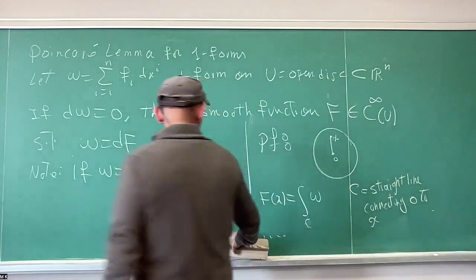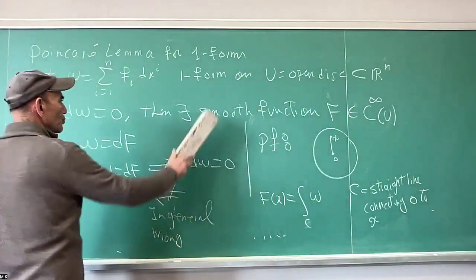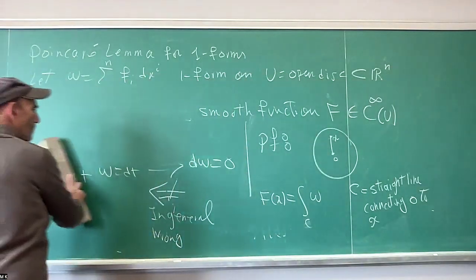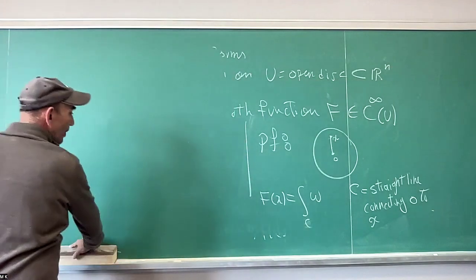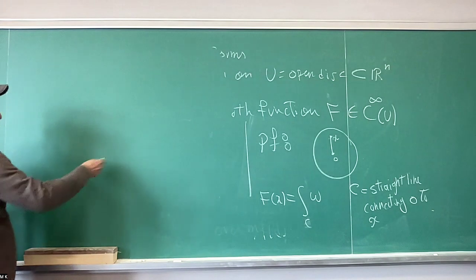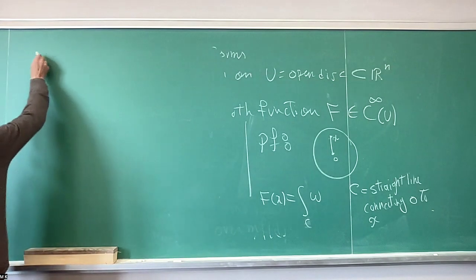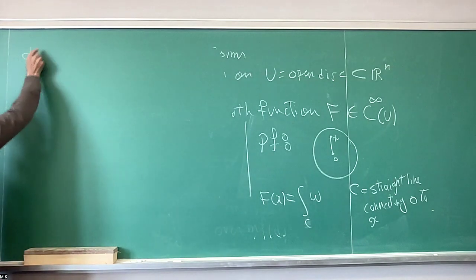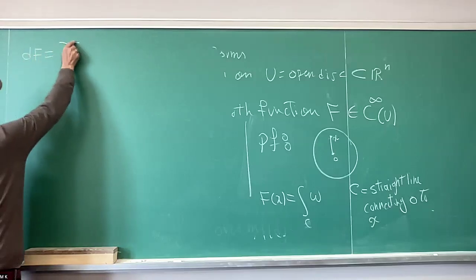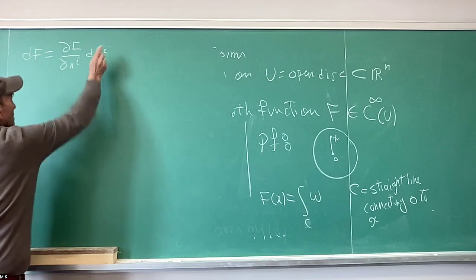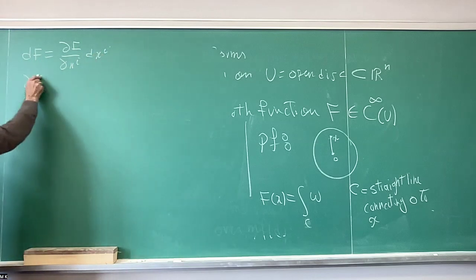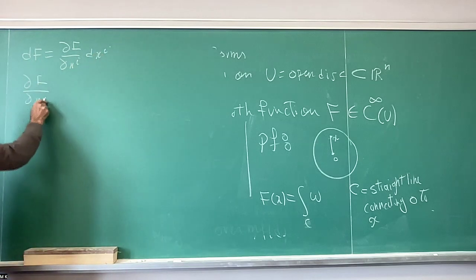To see why this is true, let's prove this. Let's calculate this integral. You want to show, okay, so what is df? It is partial f partial xi dxi, right? So what is partial f partial xi?